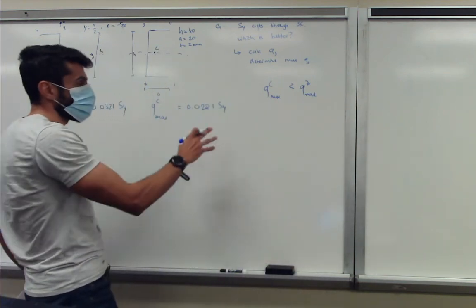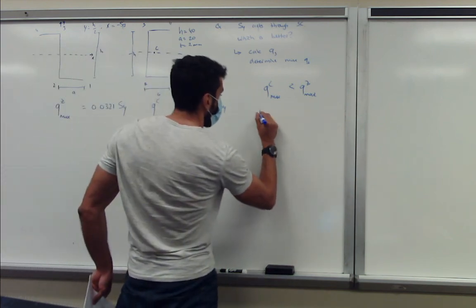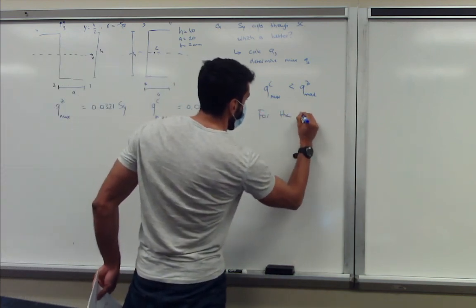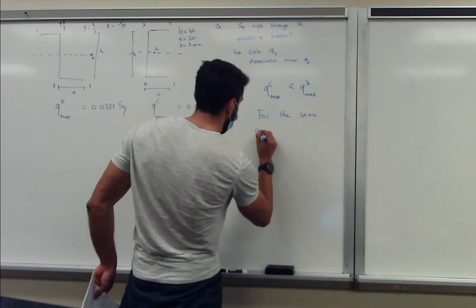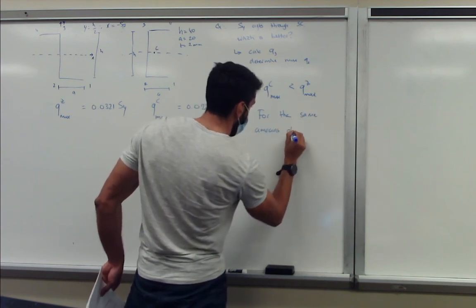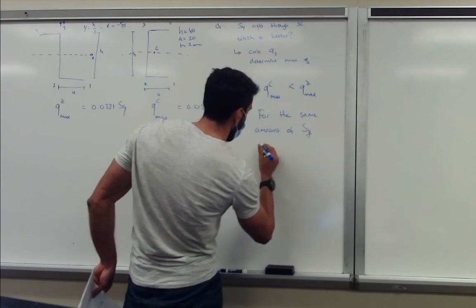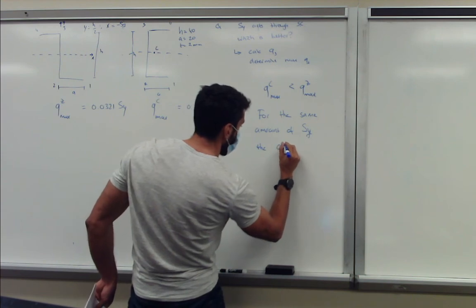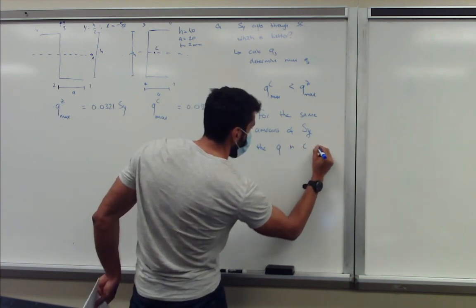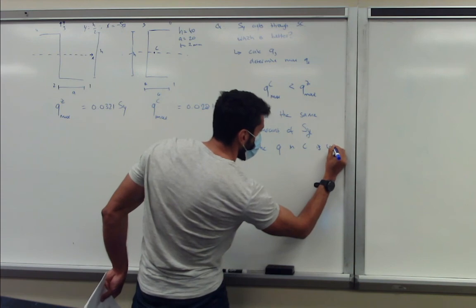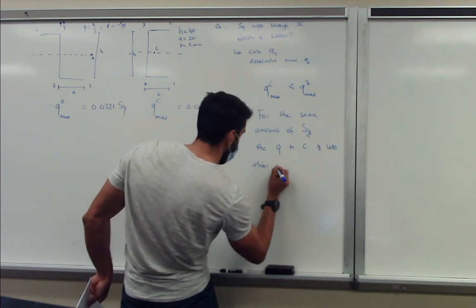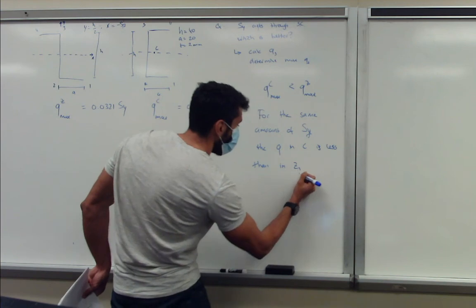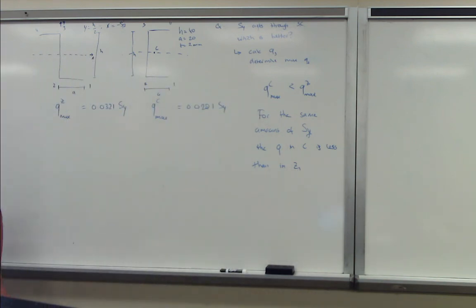So you can say that for the same amount of shear force, the shear flow Q in C is less than in Z. Therefore, the C section is more efficient in handling the shear force.